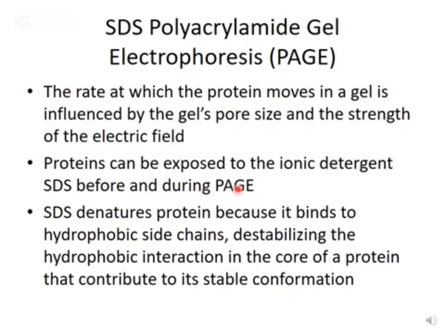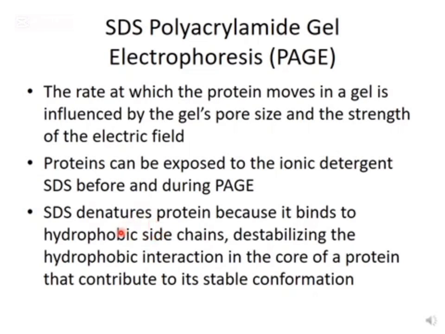Proteins can be exposed to the ionic detergent SDS before and during PAGE. Of course, that is to both denature the protein and to provide it with a negative charge, so it would only move in the gel based on its molecular weight. The mechanism by which SDS denatures the protein is by binding to its hydrophobic side chains.